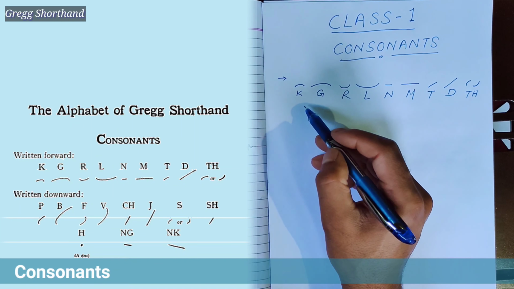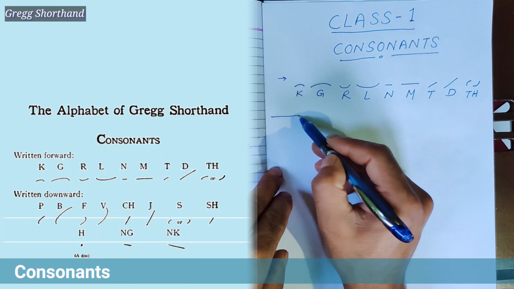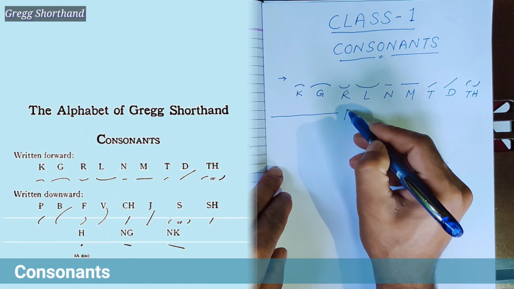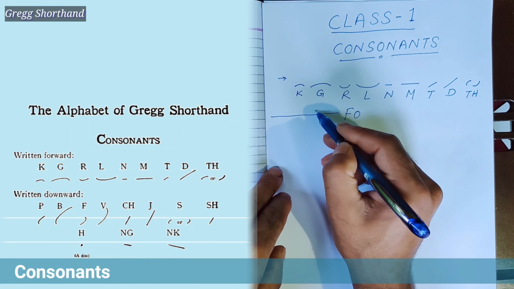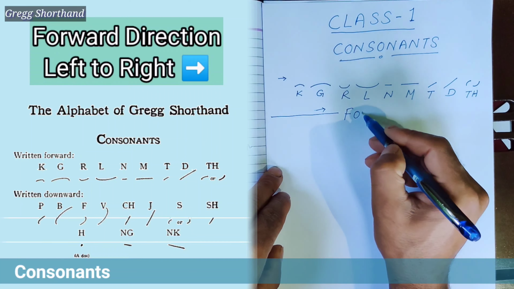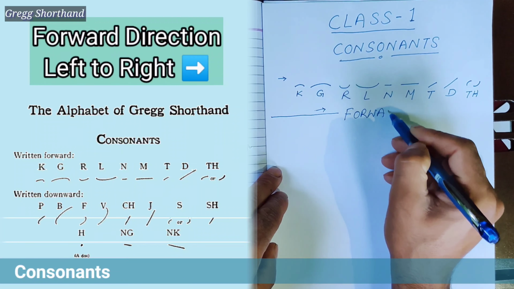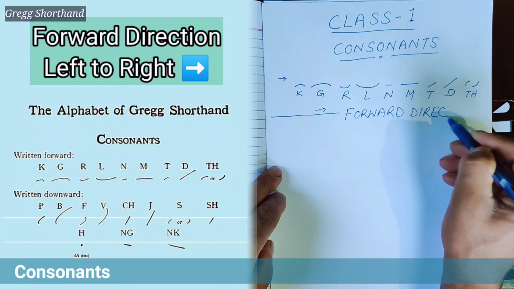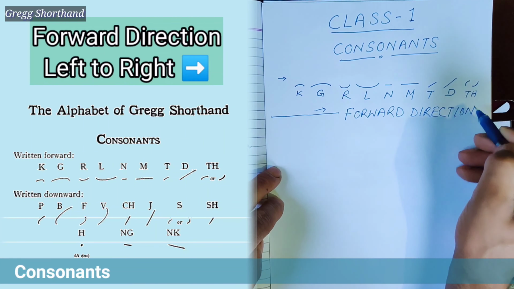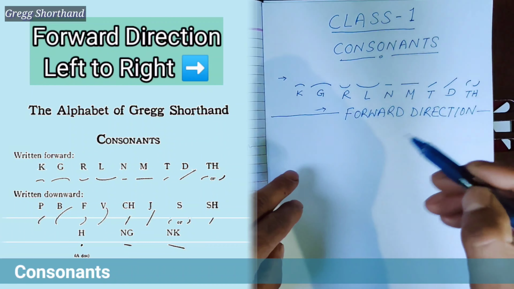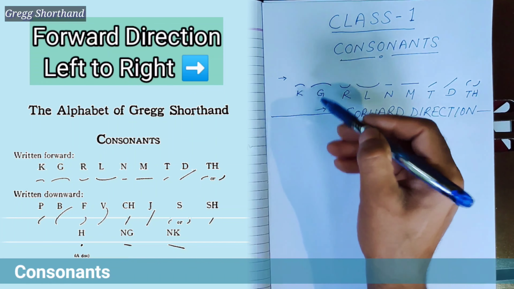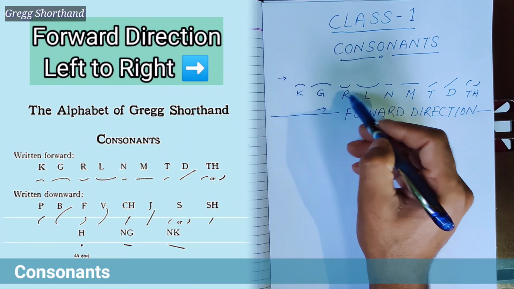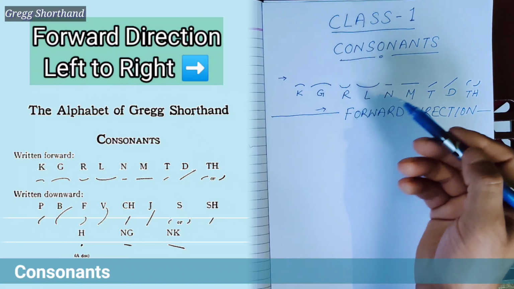All of these characters written over here are written from left to right, in the forward direction only. So you have to memorize how these sounds are written. The more quickly you learn how to write these characters, the more quickly you will be able to master Gregg Shorthand.